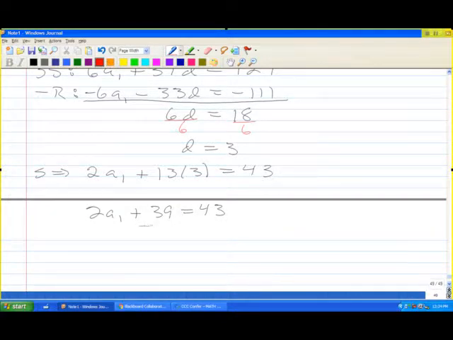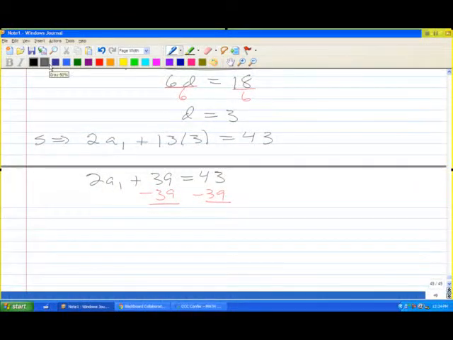Subtract 39 from both sides of my equation. And so I have that 2A1 is equal to 4. Divide both sides of my equation by 2. And so A1 is equal to 2.